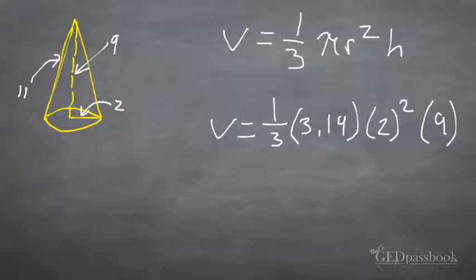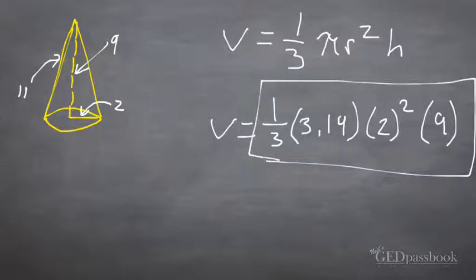All you have to do is do it. Do you do 1/3 of 3.14, or do you do it all? You do 2 squared first, but it doesn't matter after that.